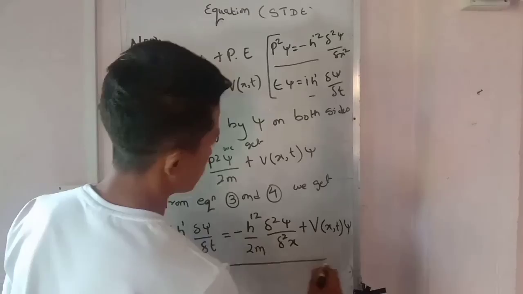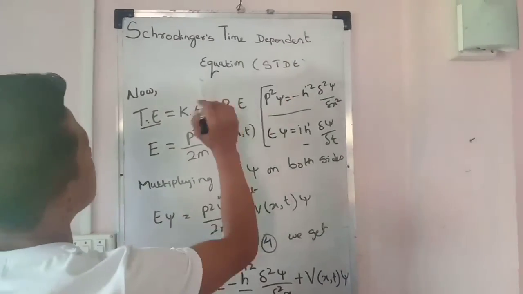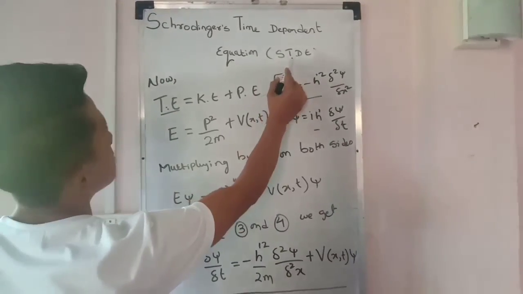So this is the final solution of Schrodinger's time dependent equation, which is STDE.